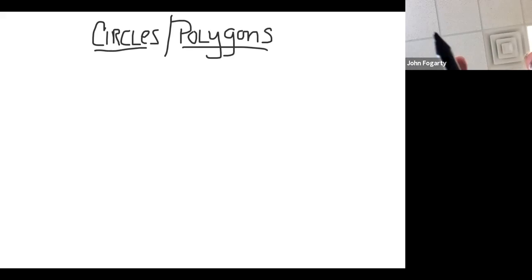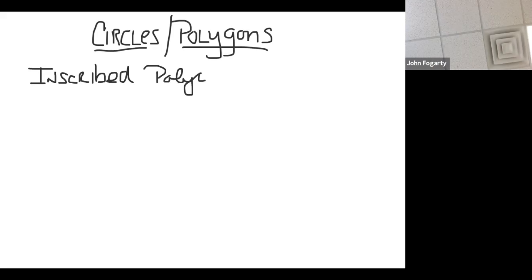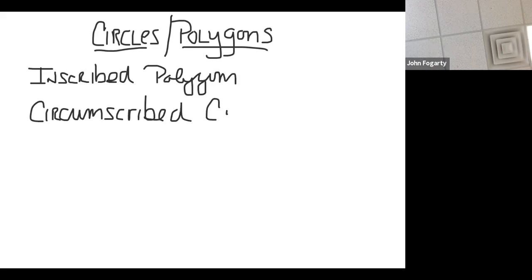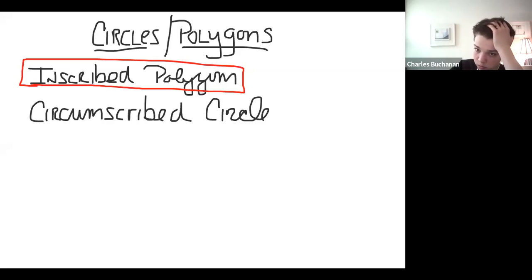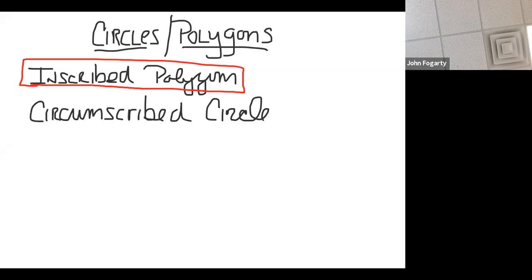So when we talk about circles and polygons, we're either going to talk about an inscribed polygon or a circumscribed circle. Okay? Now, polygons are inscribed, circles are circumscribed, all right?